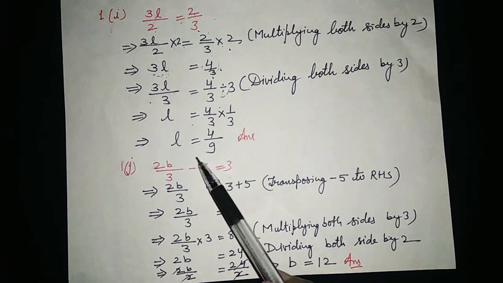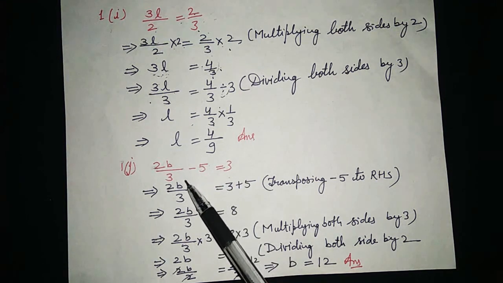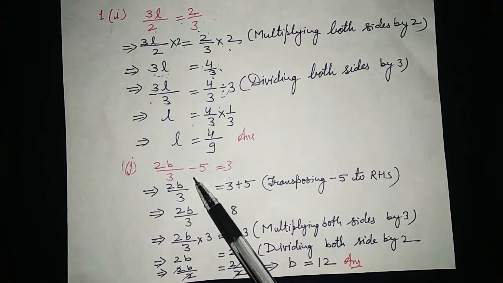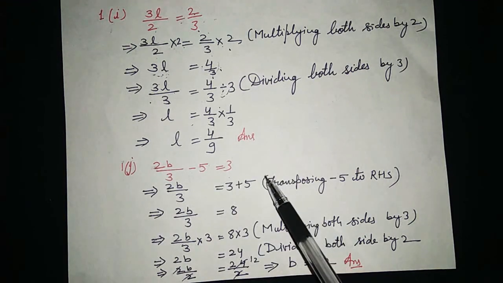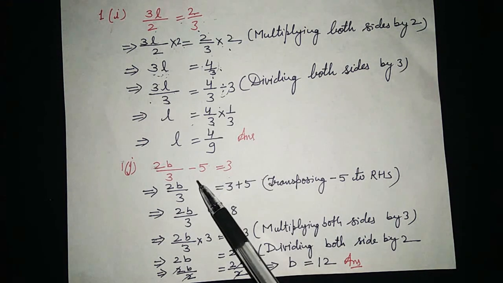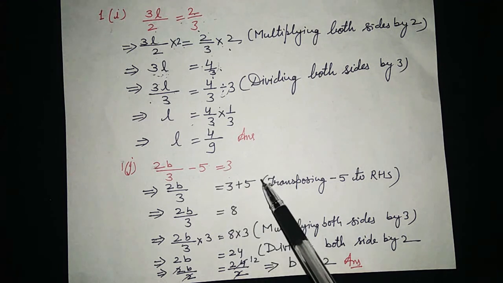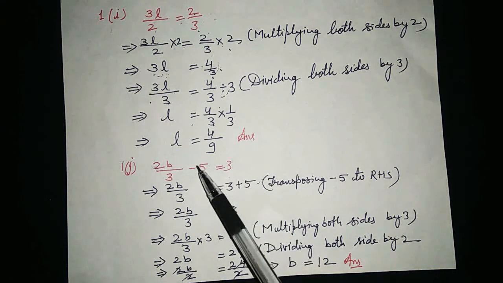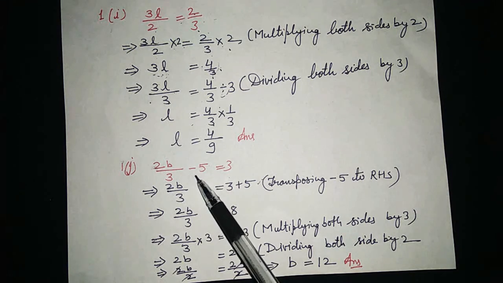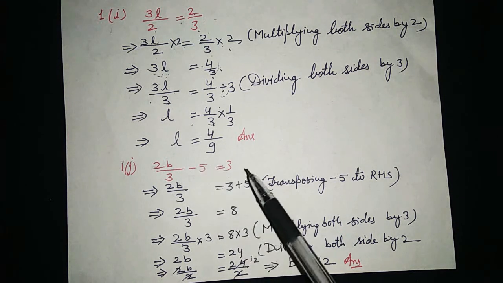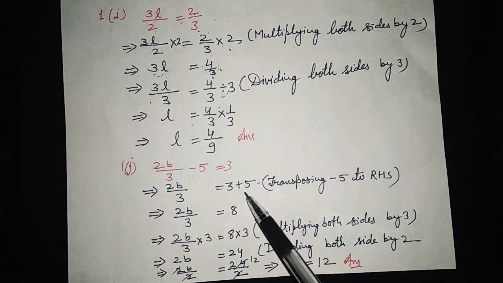So here minus 5 we will transpose from left hand side to right hand side. And if we transpose it from left hand side to right hand side, then change will come in the sign. Here minus sign will become plus sign after transposition.